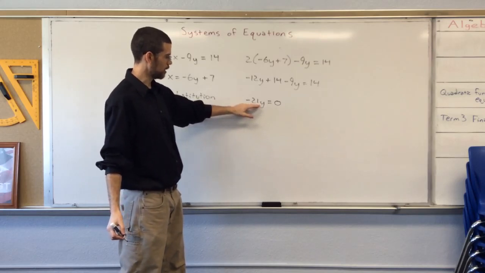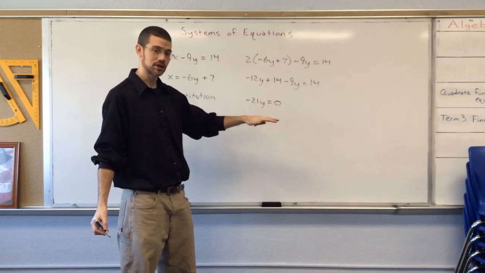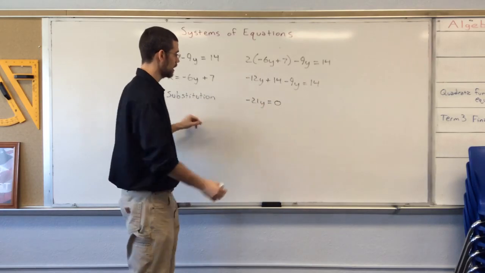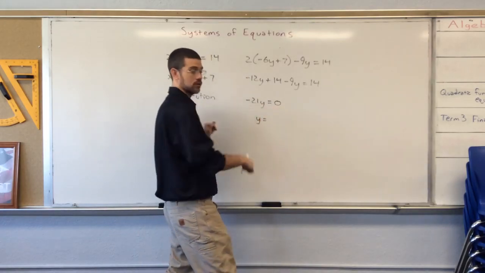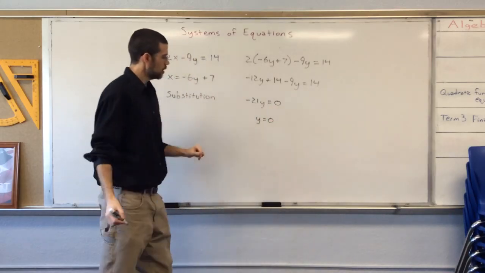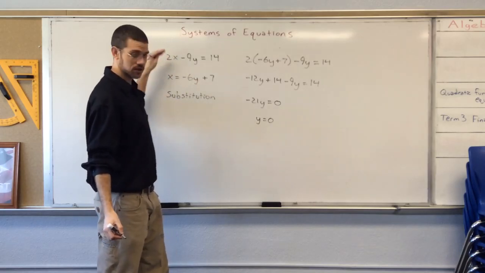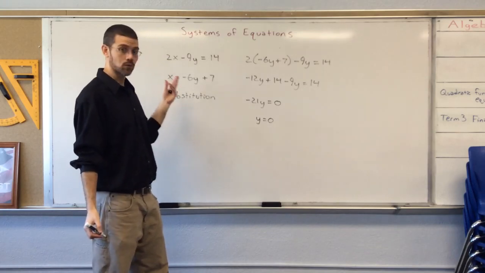It's being multiplied by negative 21, so we'll have to undo that. Do the opposite operation. That would be multiplication becomes division, so we're dividing by negative 21. And we get y equals, well, 0 divided by anything is 0. And so we have discovered that y, in order to solve this system of equations, y must be 0. There's no other number that will work.